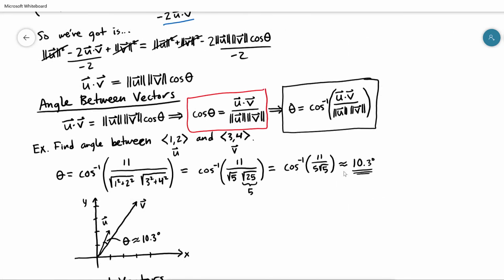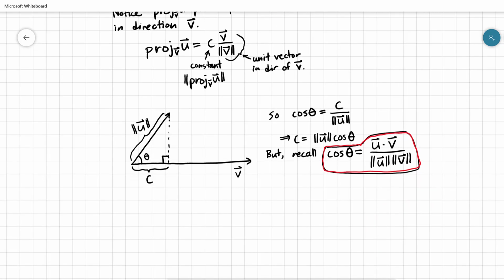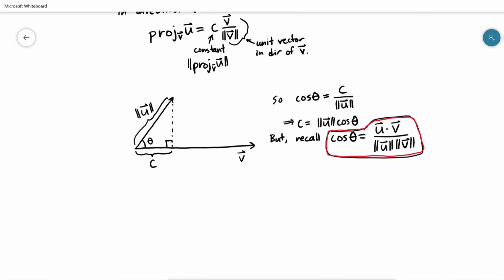All right, that formula up there is the same as the formula that we're using right here. Okay, so all I need to do is put all of this together.